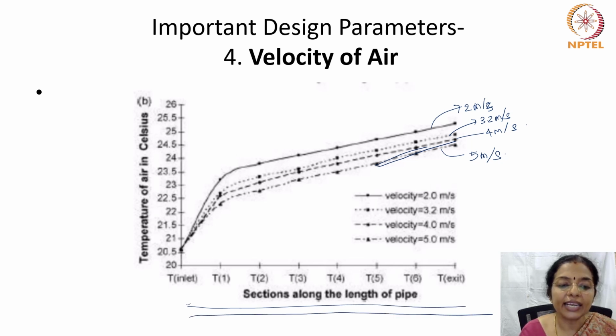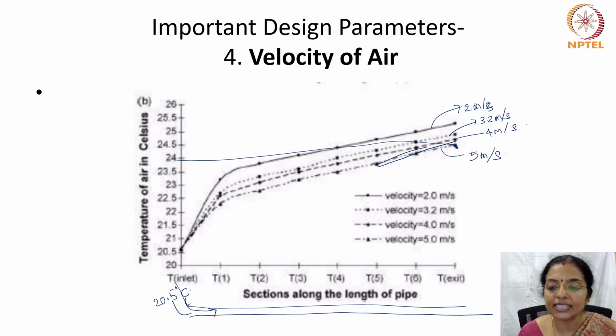At inlet, the temperature is 20.5 degrees centigrade, and the outlet temperature depends on the velocity of air. If the velocity of air is 5 meters per second, the outlet air temperature is about 24 degrees centigrade.